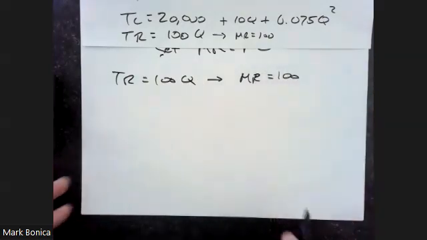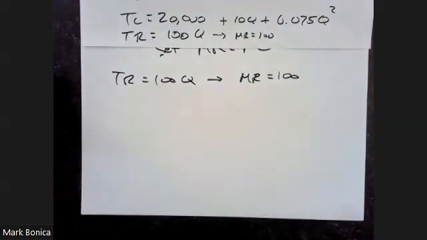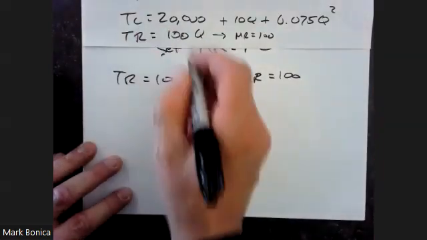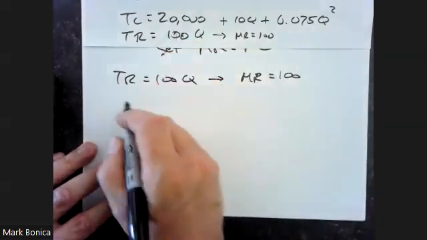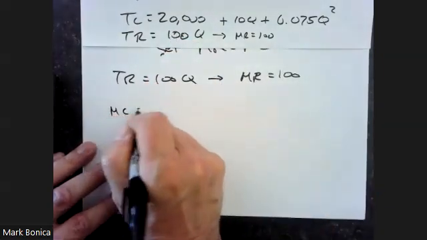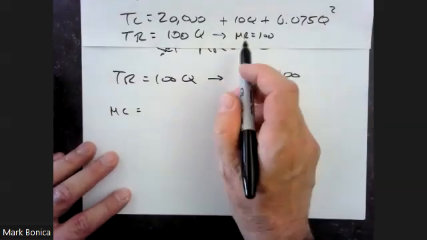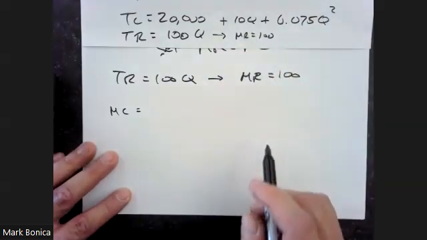All right, we know that. And then we just worked through the marginal cost moments ago, and we can do it again just because it's so much fun. The marginal cost, right? 20,000 goes to 0. 10Q goes to 10.